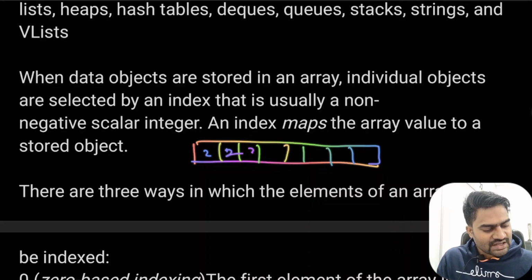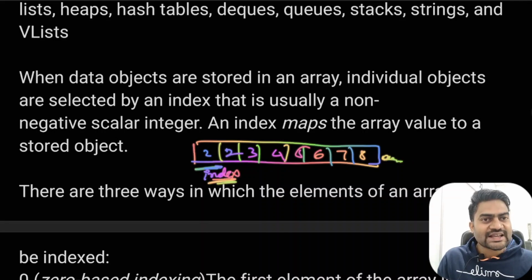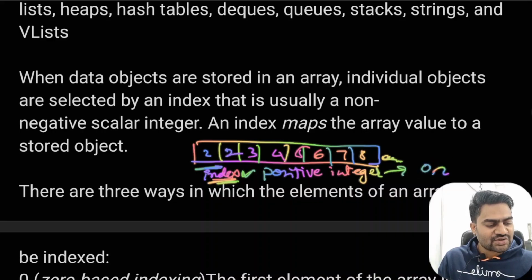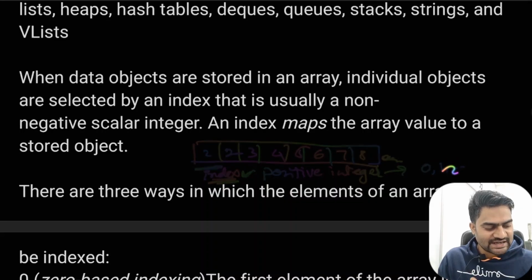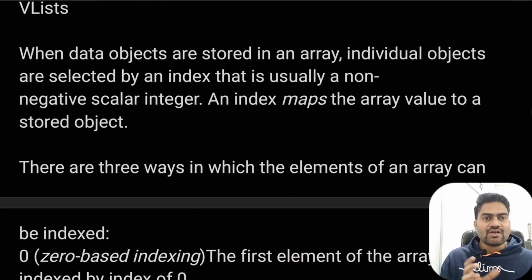But each block will be mapped to some index value, which is a positive integer. It normally starts from 0 or 1 or something else, which we will see later. Whenever a value is stored in an array, it gets mapped with an index, and if you want to access that value, you can use that index.